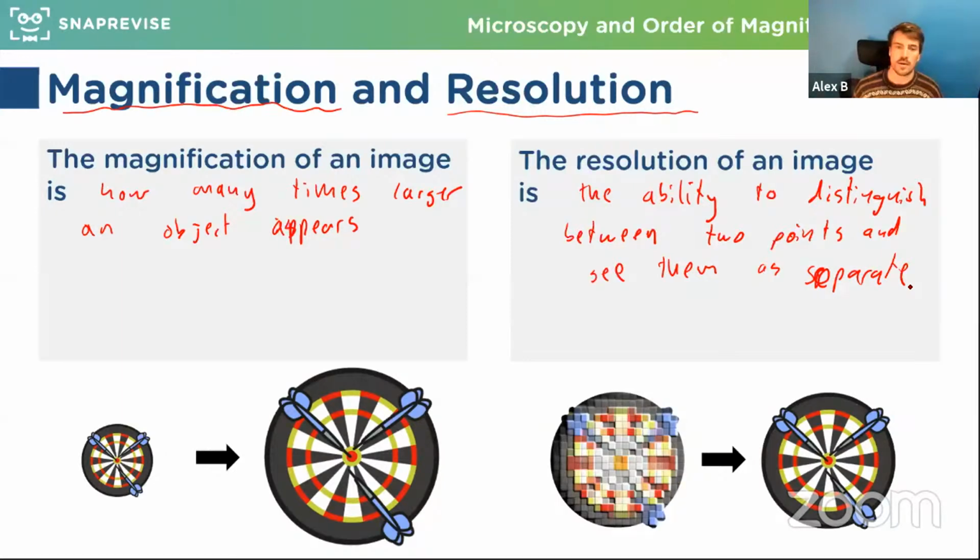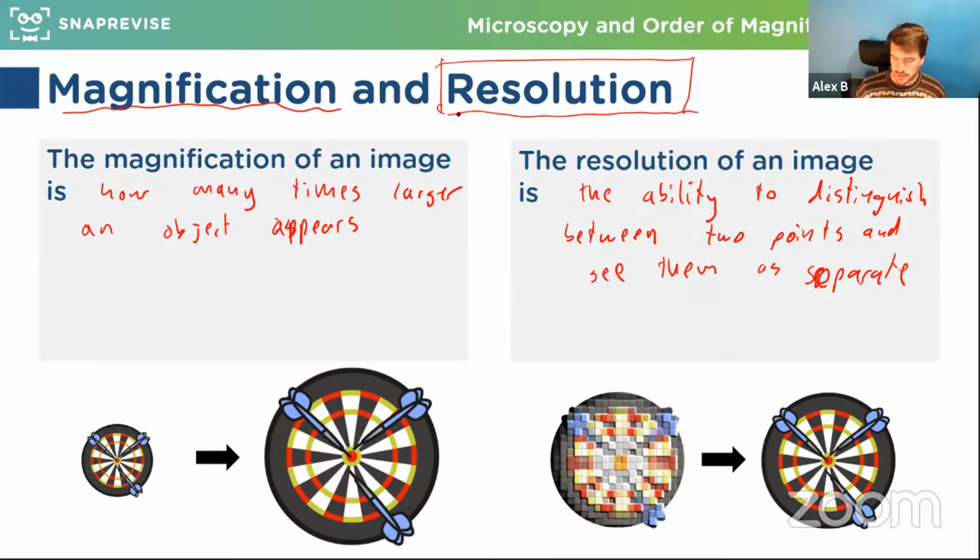It's saved with a low amount of data, therefore a low resolution. You can magnify it indefinitely, but you're not going to be able to see what's going on. It's just going to be a blurry mess. So we can magnify things as much as we like, but after a while, the resolution isn't going to be there anymore.